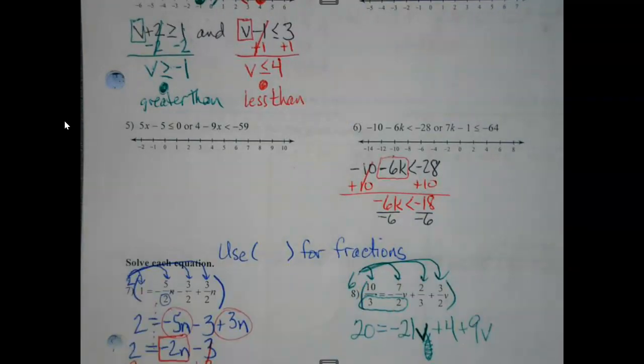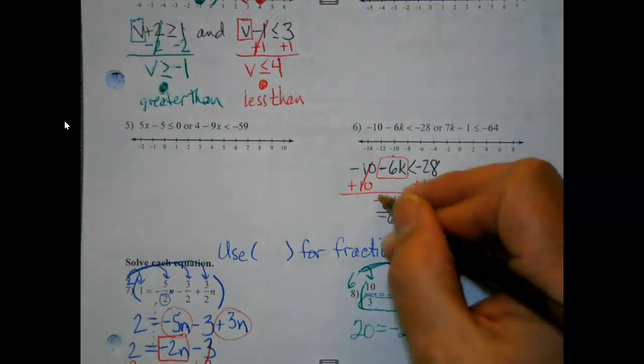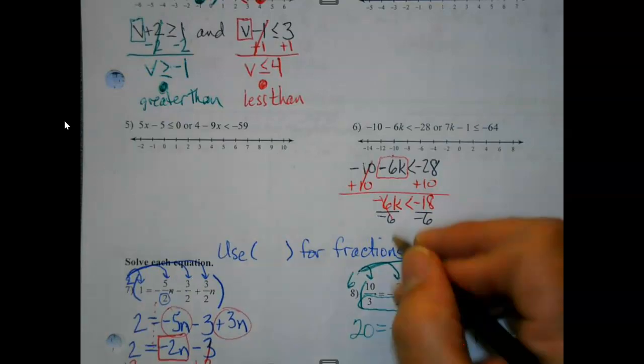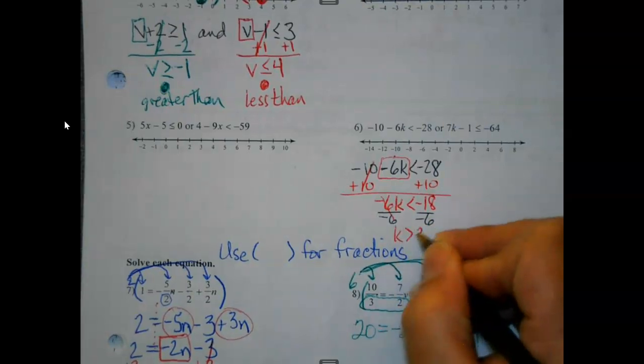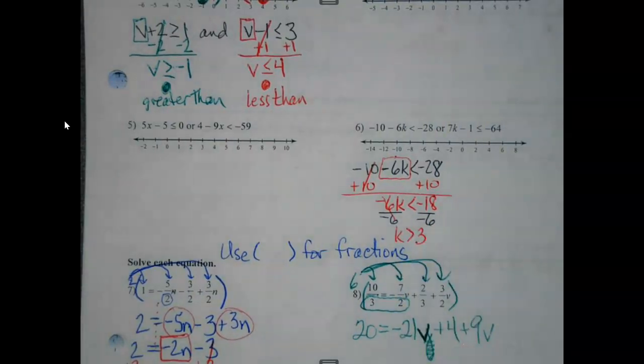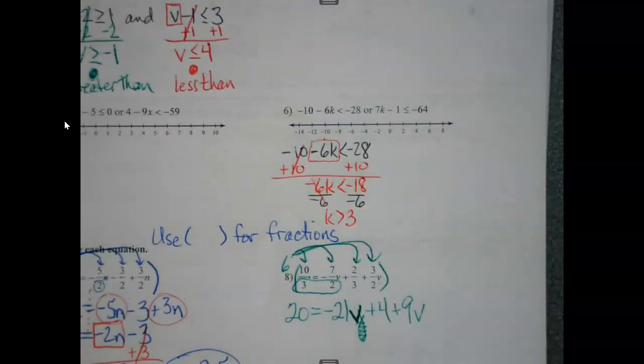Here's the thing, though. If you divide both sides by a negative, you have to flip the inequality arrow the other direction or it messes things up. So let me have us put this over here for a second.